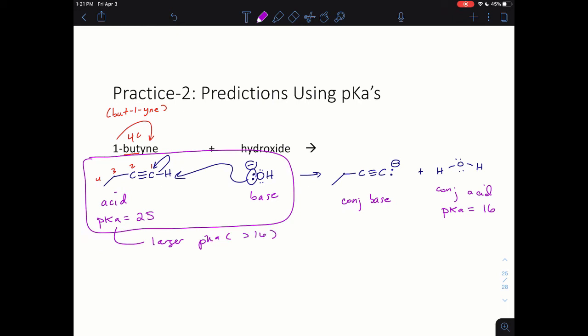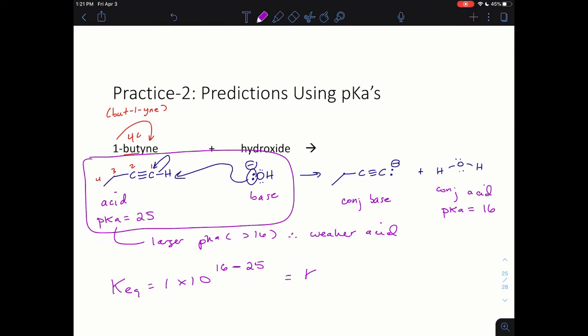It's greater than 16. Therefore, this is the weaker acid. So the left side of the equation is favored at equilibrium. If I would like to calculate the equilibrium constant, then that will be 1 times 10 to the product acid pKa minus the reactant acid pKa.